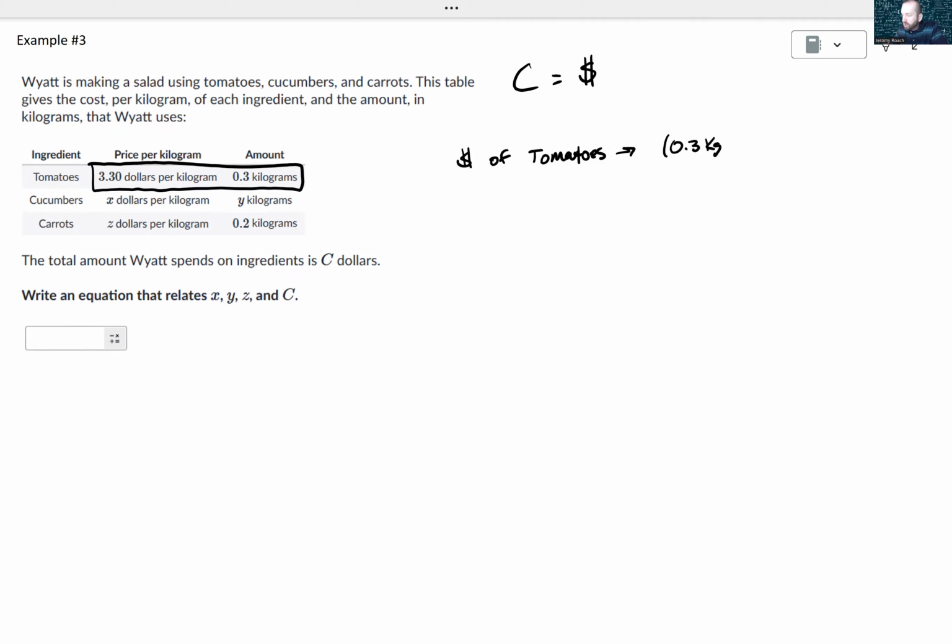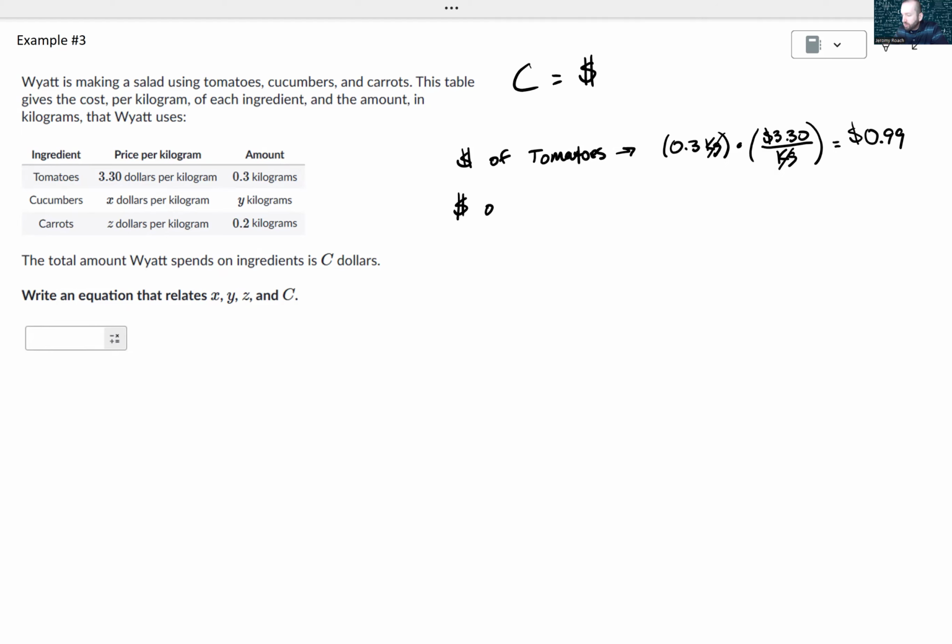There's 0.3 kilograms times $3.30 per kilogram of tomatoes. Now we can cross out kilograms and kilograms, and that just leaves us with dollars. And so when we do the math for that, we get 99 cents or 0.99. So all we're trying to do again is figure out what operation we need to do in order to get rid of the kilograms and convert our answer just to dollars.